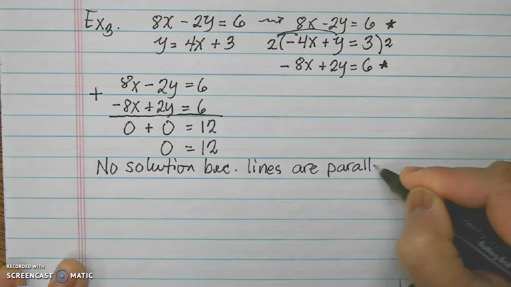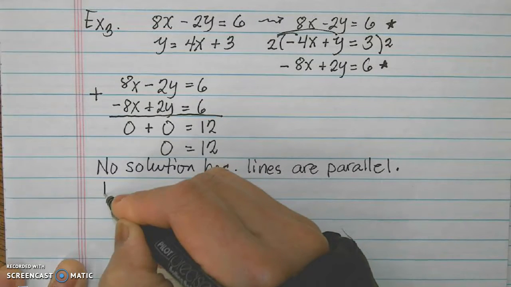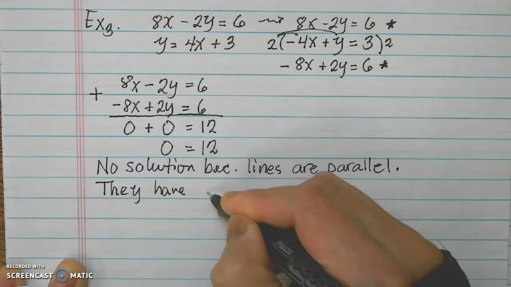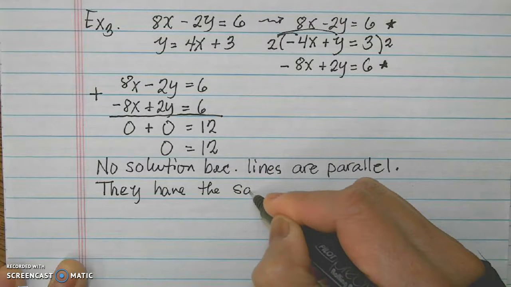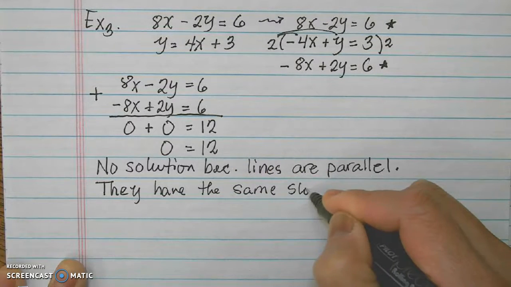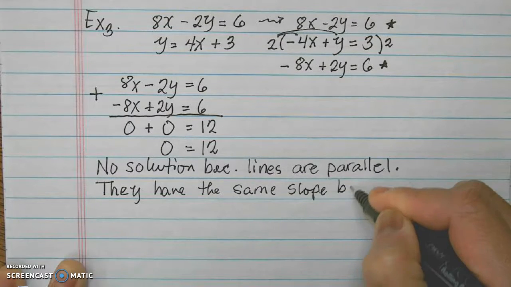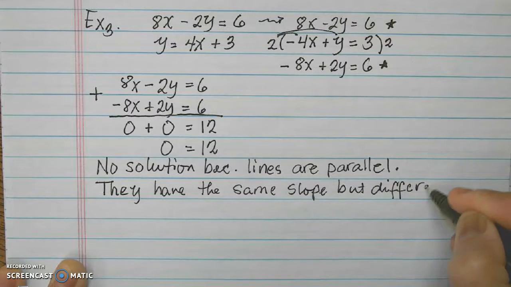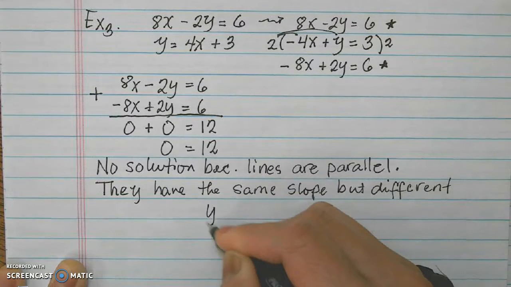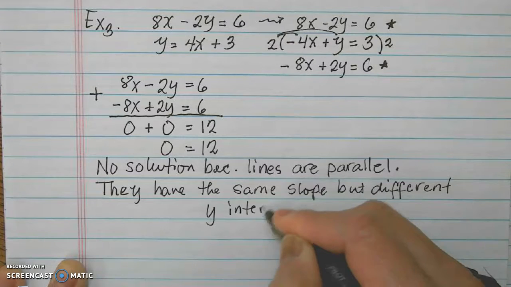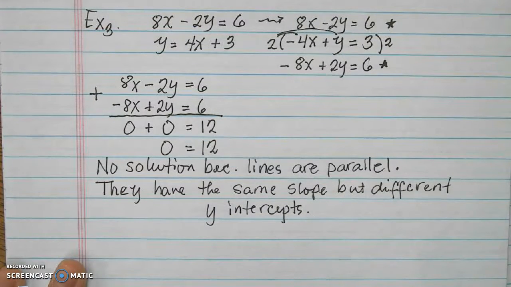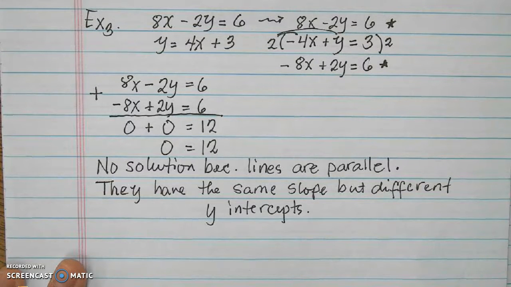And what that means is they have the same slope, but different y-intercepts. Once again, parallel lines do not intersect, and so therefore they don't have a solution.